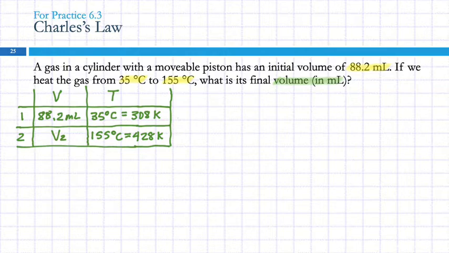If it didn't have a label like that, we would look at the variables we have here. We've got volume and temperature, and we need the simple gas law that has V's and T's in it, right? So that one is V1 over T1 is equal to V2 over T2. The trouble with this equation is it has fractions in it, and people do crazy things when they rearrange it.